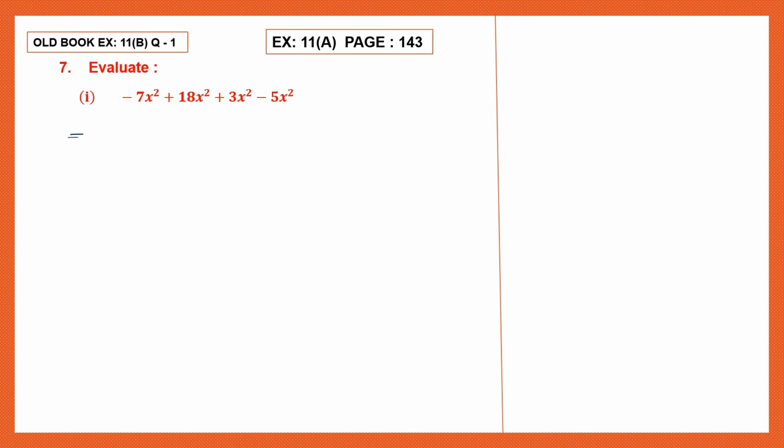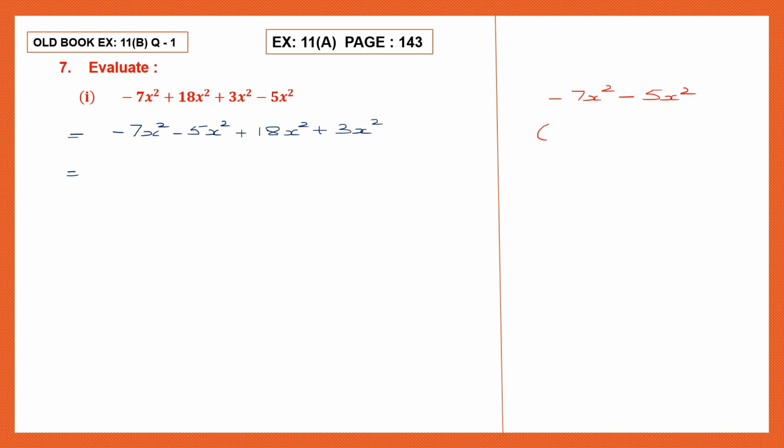So let's start by taking first minus 7x square, then take the next one, that is minus 5x square. So I've grouped the minus signs together. Then continue with the plus signs, 18x square plus 3x square. So here we're going to work this out. I'll just do one or two sums here so it becomes easier for you. Minus 7x square minus 5x square.